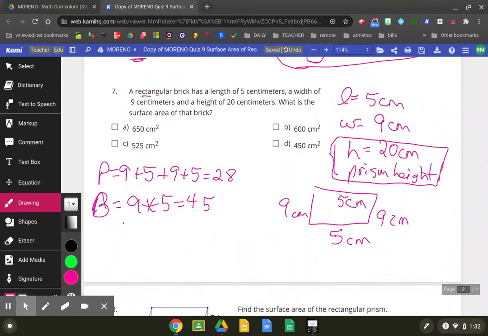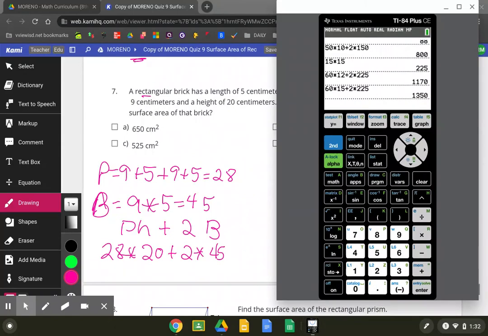Then we would use our formula, big PH plus 2 big B. So it'll be 28 times 20 plus 2 times 45. If we put that in the calculator, it comes out to 650, which is letter A.